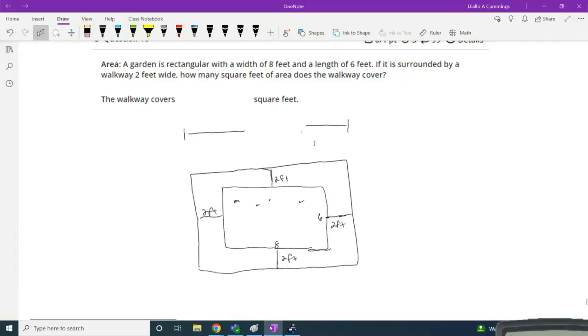So my total length is 12 feet. Next, I'm going to find the total width or height. So the width of my garden is 6, and then it extends 2 feet on each side. Therefore, the total width is 10 feet.